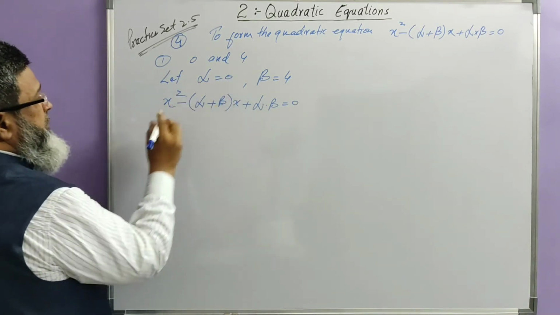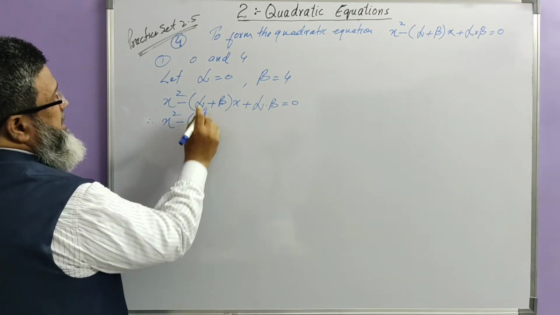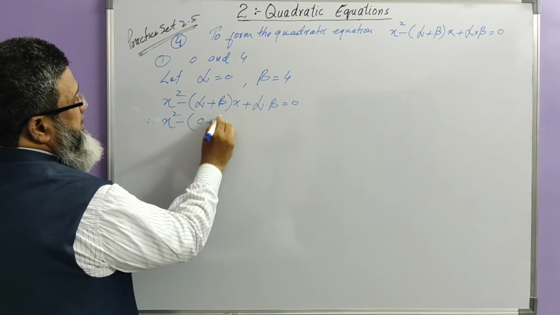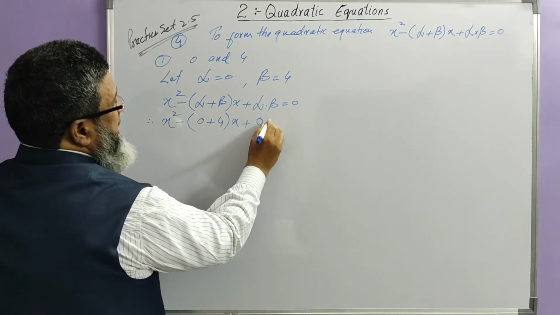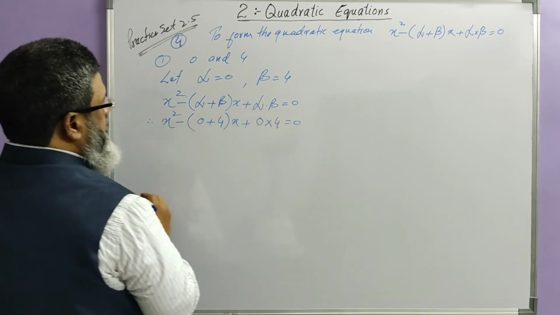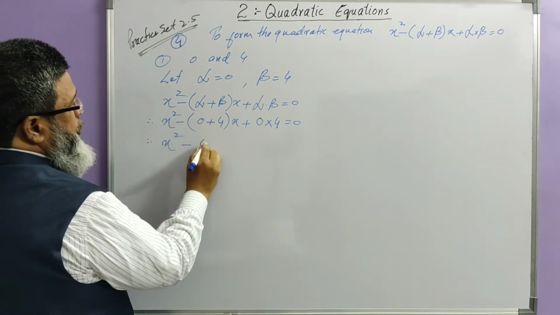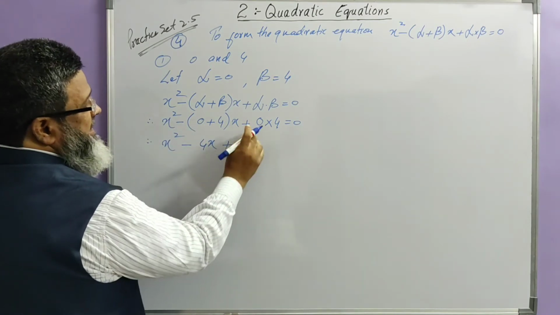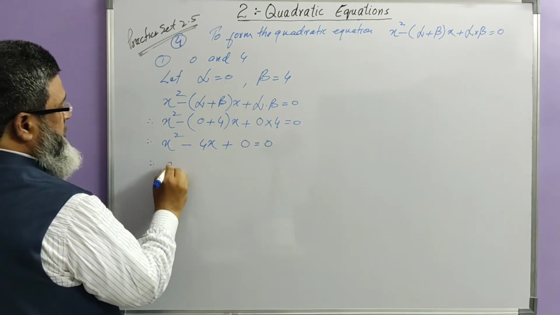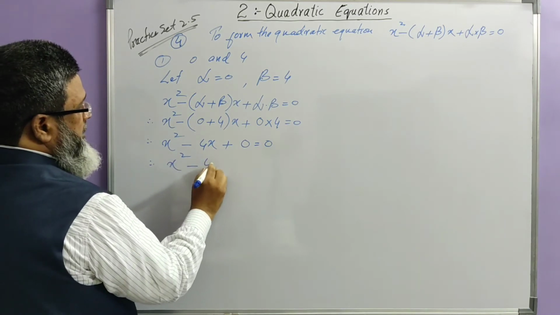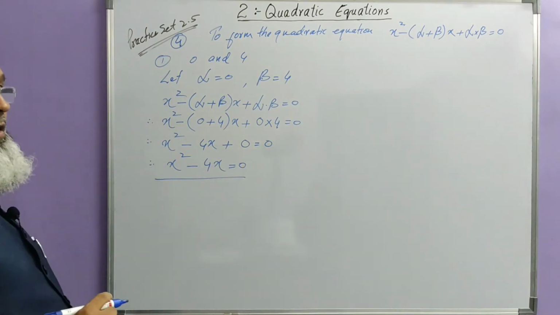So put the values of alpha and beta which are given. So x square minus (0 plus 4) x plus 0 into 4 is equal to 0. So this comes x square minus 4x plus 0 is equal to 0. So the equation is x square minus 4x is equal to 0. This is the required equation.